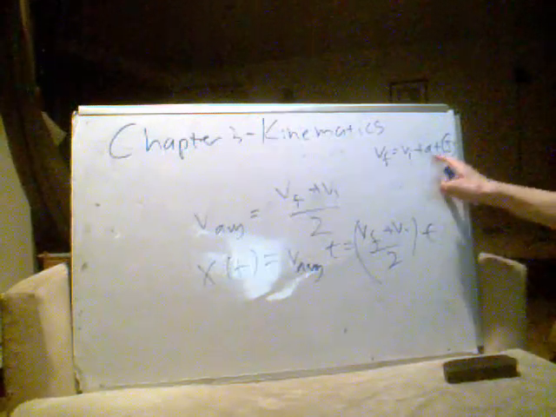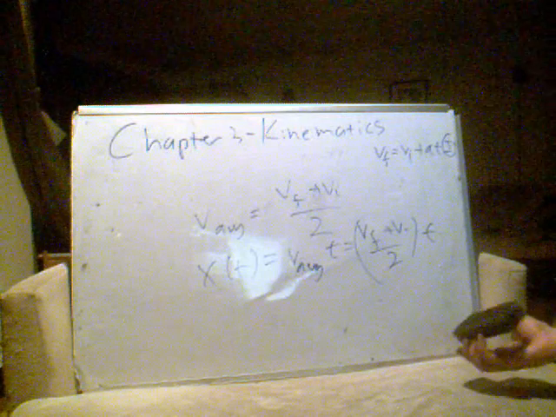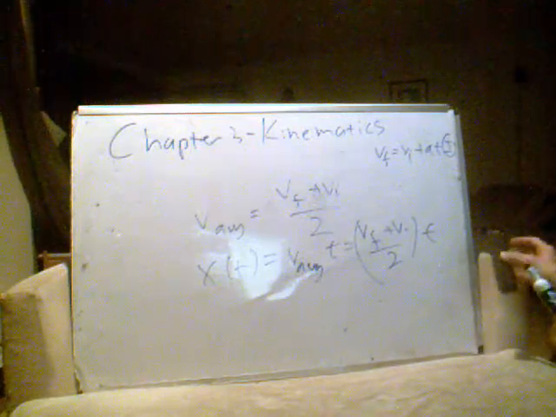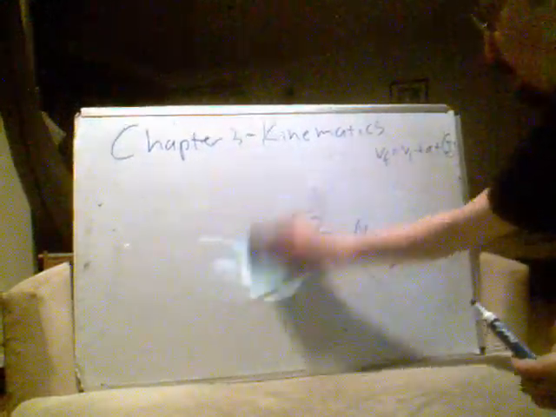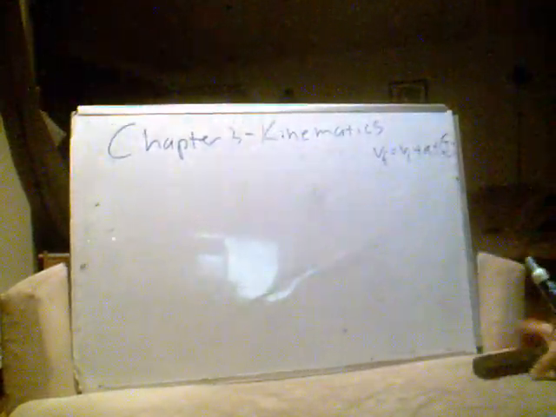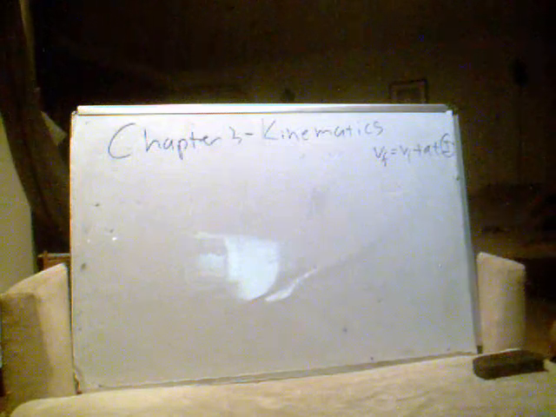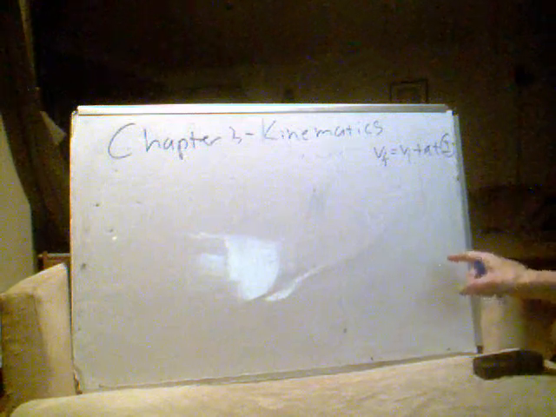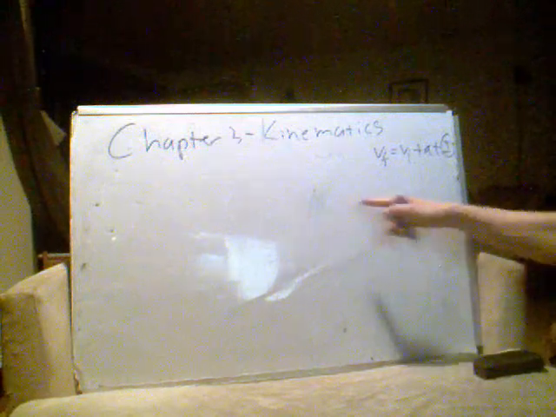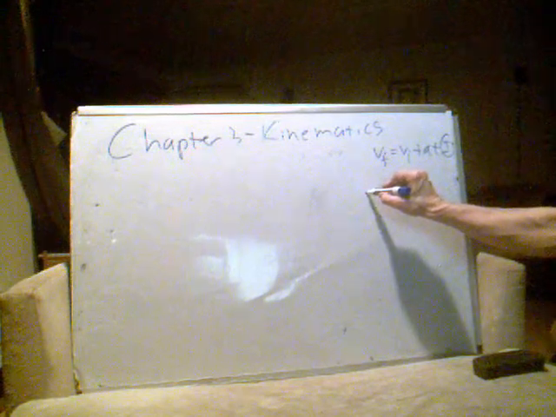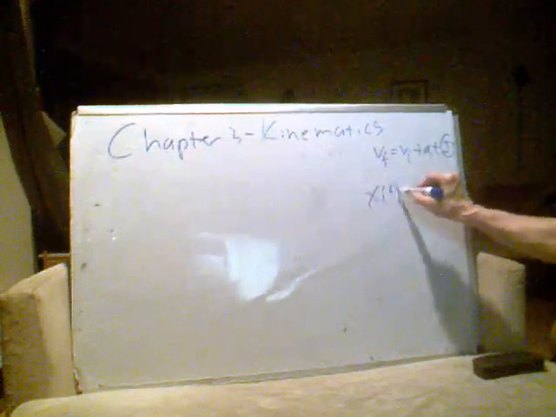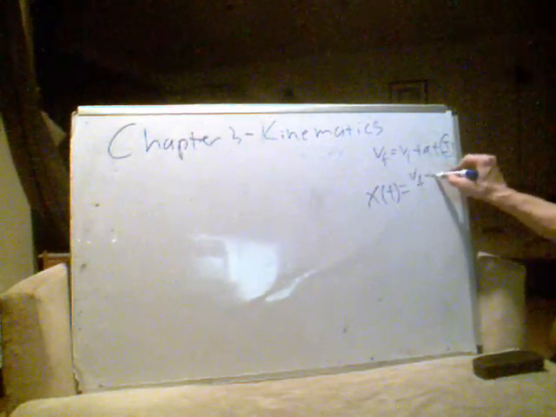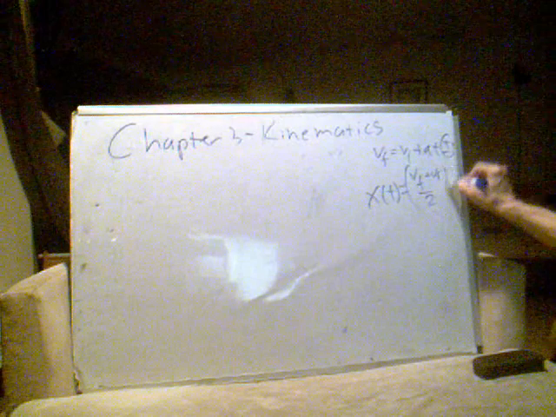Let's go back to equation 1. I'm going to put this other equation here off to the side, the one that we just wrote: V final plus V initial over 2 times time.